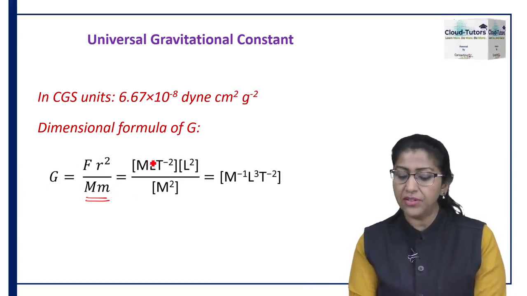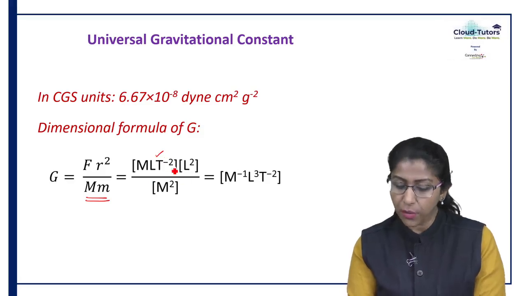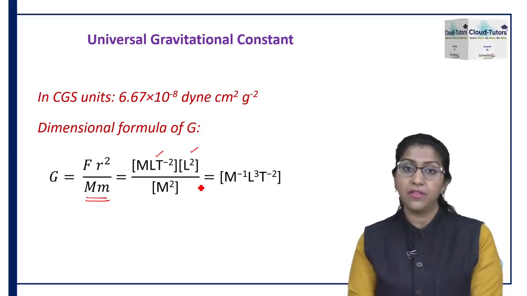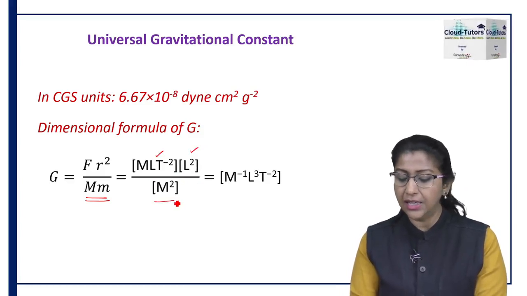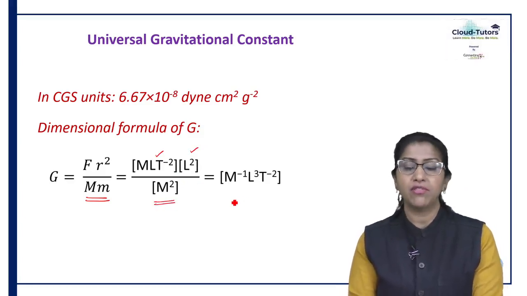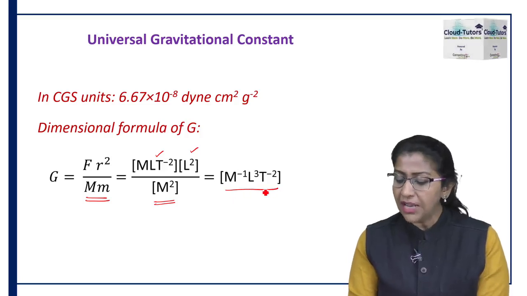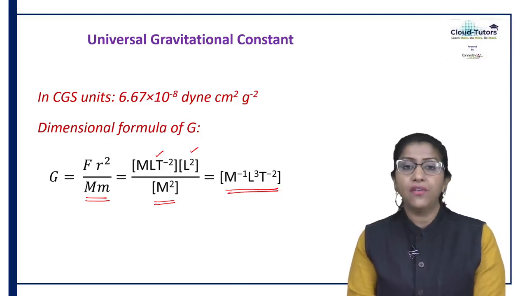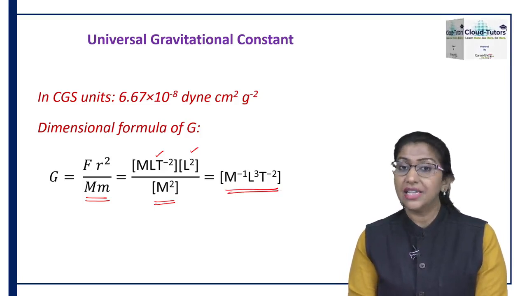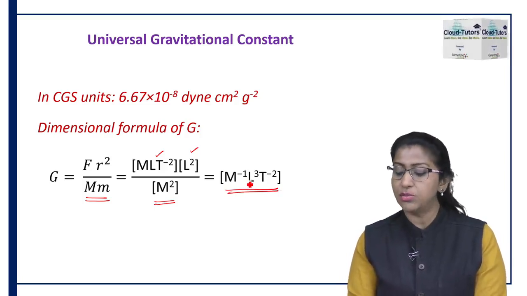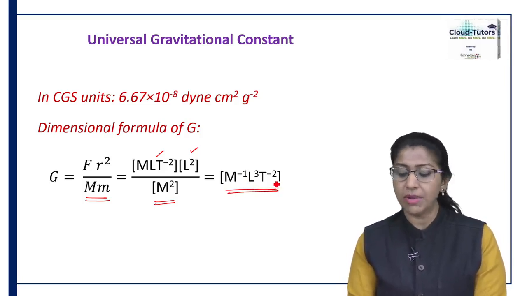So we have the dimensional formula for the force, the dimensional formula for the square of the distance, and the dimensional formula for the product of the two masses, right? Finally we get the dimensional formula for the universal gravitational constant as M raised to minus 1, L cubed, T raised to minus 2.